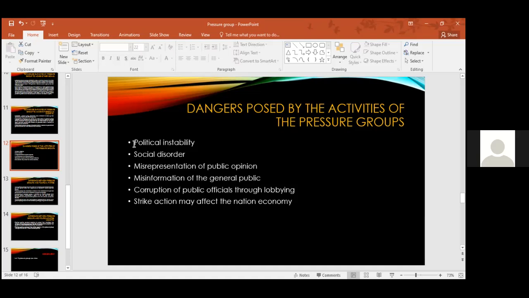Then we have the fourth one, corruption of public officials through lobbying. When I was explaining lobbying, I told you that these days lobbying has been attributed to corruption, has been attributed to bribery.